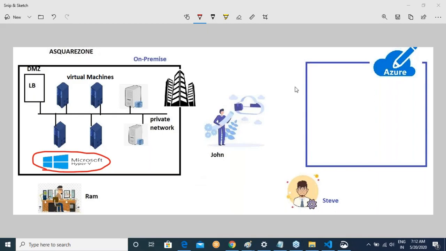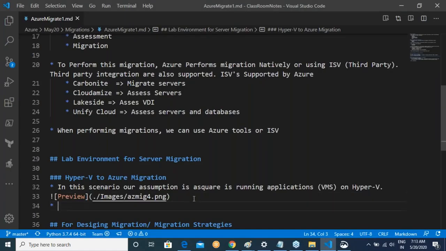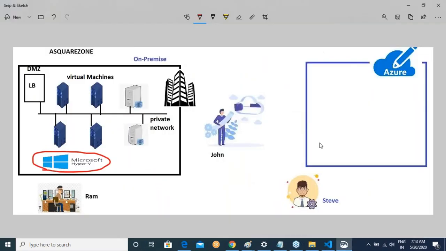So even though this is an on-premise to Azure migration, what we will be doing in the classroom is a simulated migration, on a simulated on-premise setup.